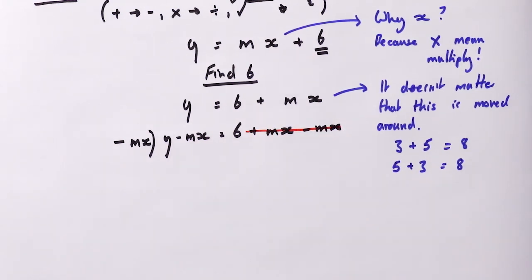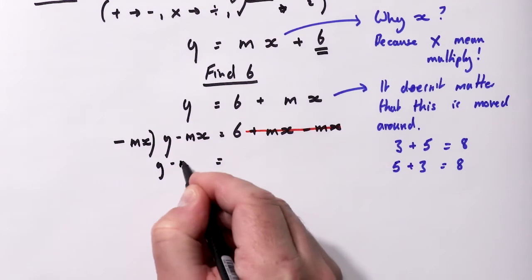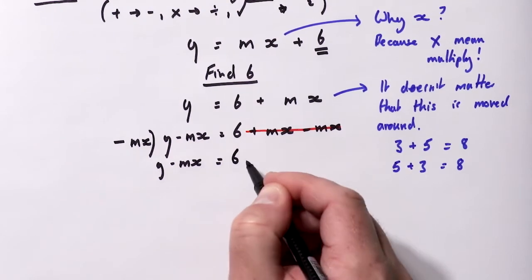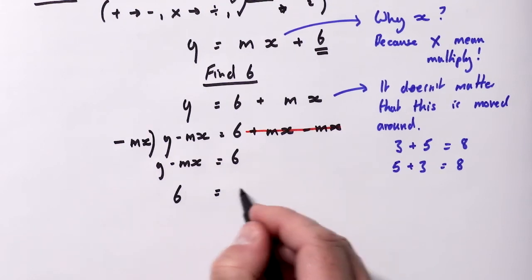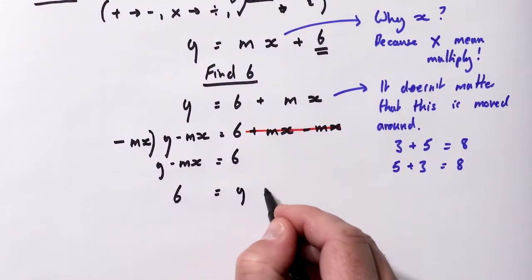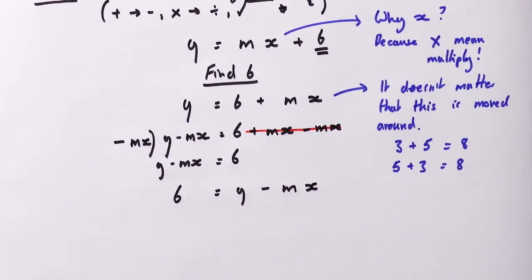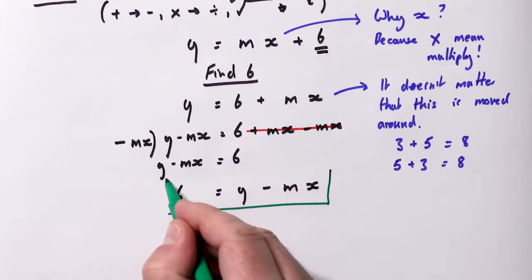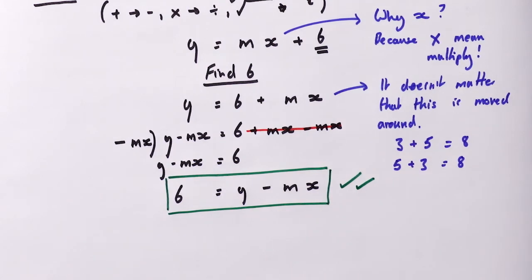It's being cancelled out. That means that what I have left on the equal side is y minus mx equals b. Or to write that in another way, b equals y minus mx. You've rearranged the equation above to find b. And you've done that by using the two simple rules at the top.